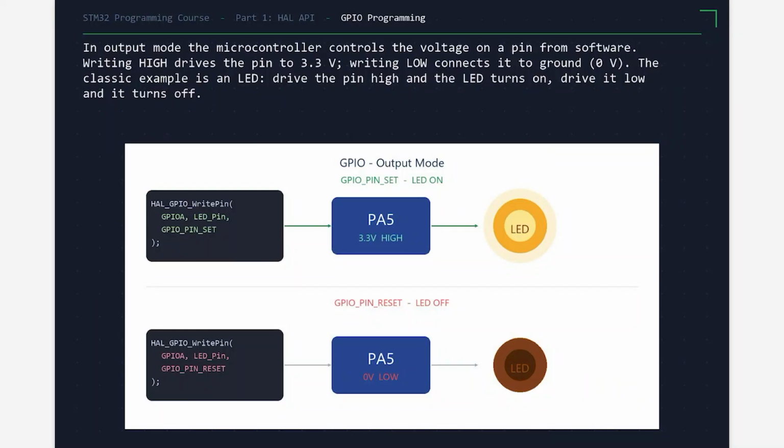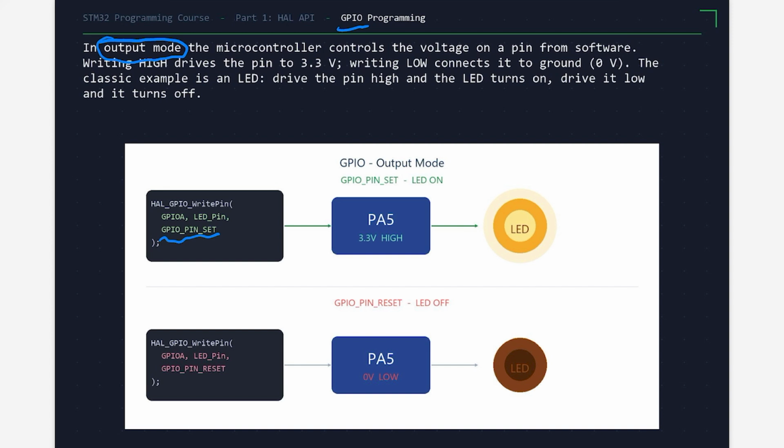So in GPIO, we have first of all output mode. Okay, output mode. In output mode, we can control the state of those pins. So if in our code we set a particular pin, the microcontroller will apply a voltage to that pin, typically 3.3 volts.